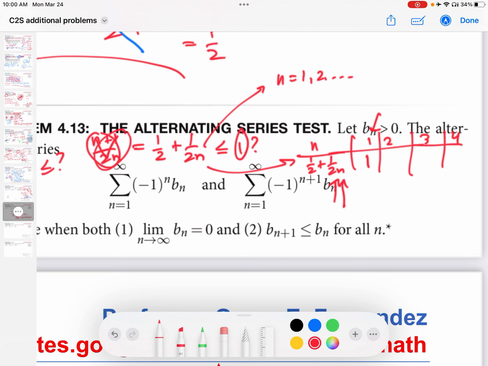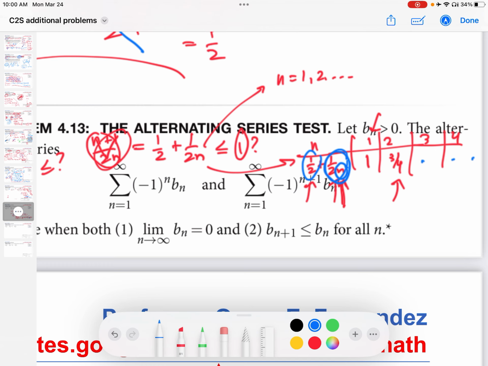Now I start making n bigger. So I'm going to have 1/2 plus 1/4, that's 3/4. So now it's getting smaller than 1. And you can see as I make n larger, 1 over 2n gets even smaller than 1/2. And so 1/2 plus that is going to be something smaller than 1.